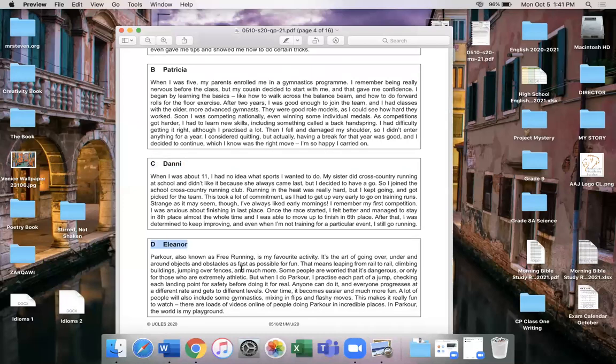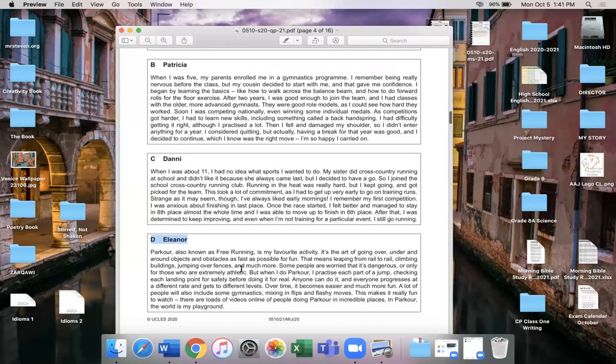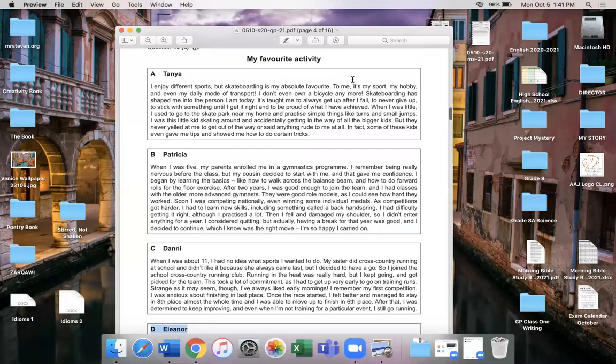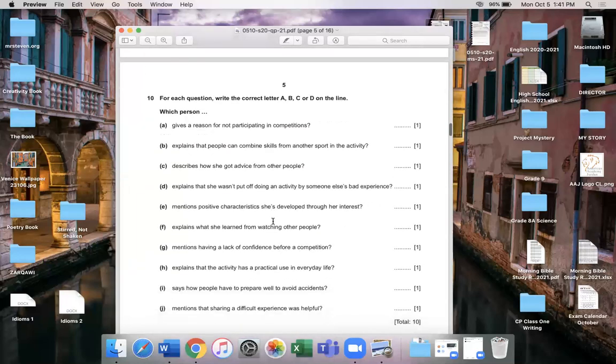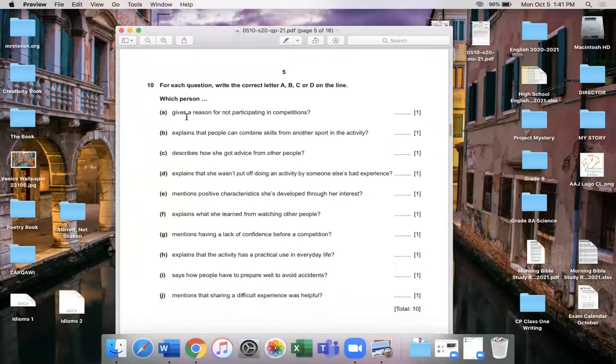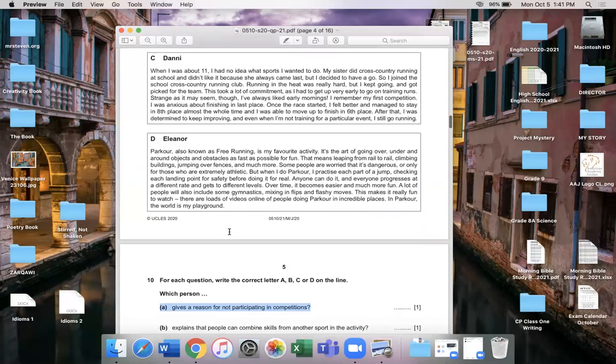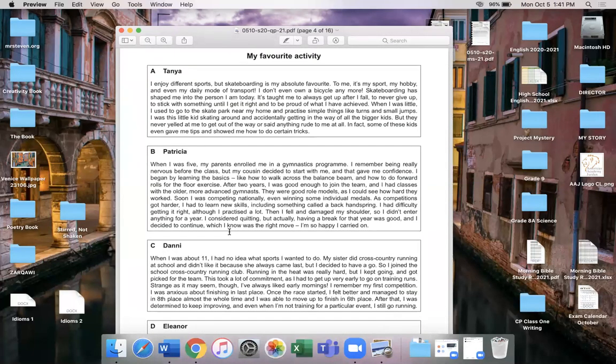So I have a first impression of each character and their favorite activity, which is the topic that IGCSE chose. Then I would read through and start going through these lists. Now, some people want to start with this list of descriptions, so they put this in their mind first, and then they come back to A, B, C, and D, Tanya, Patricia, Danny, and Eleanor.